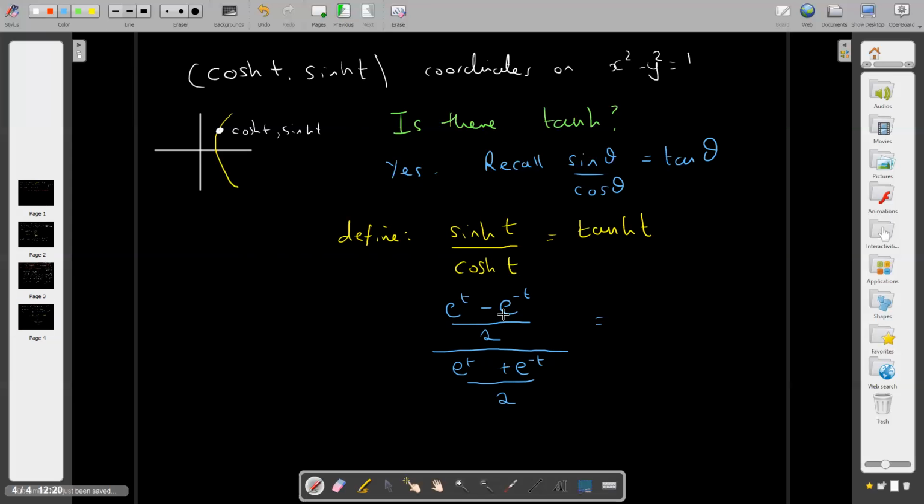Well, okay, the 2's are going to cancel out. We're just going to end up with e to the t minus e to the minus t over e to the t plus e to the minus t. And that can be our version of hyperbolic tan. So that's going to be tan hyperbolic.